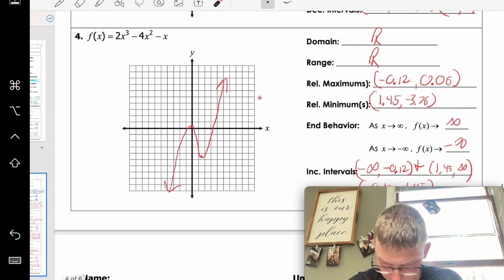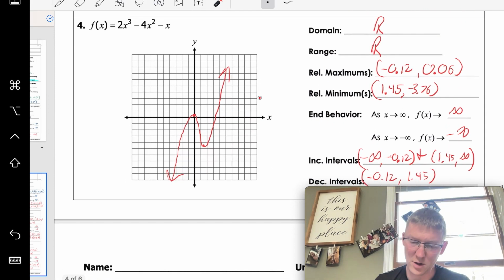Number 4: because it goes off in both directions, our domain and range are both all real numbers. We have a relative maximum right there, relative minimum right there. Again, just use the calculator to get that. We've got our end behaviors. As we go to the left, it goes down.